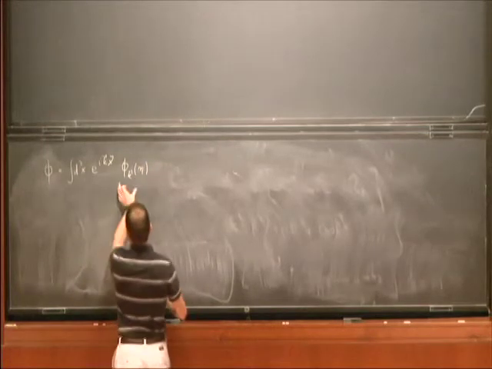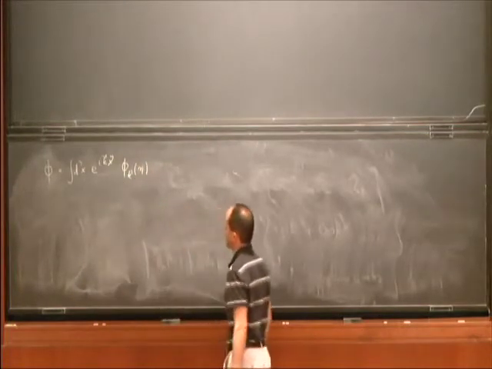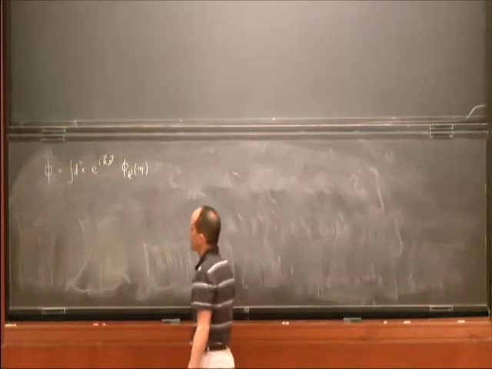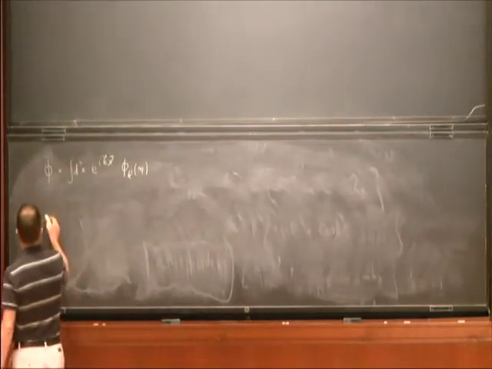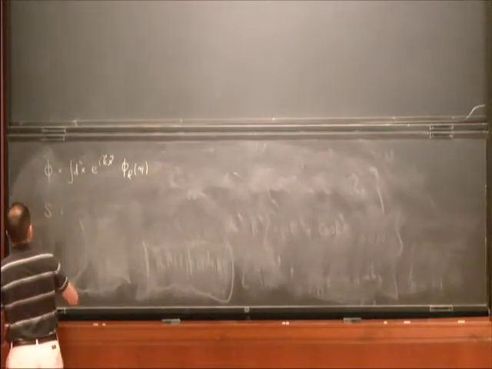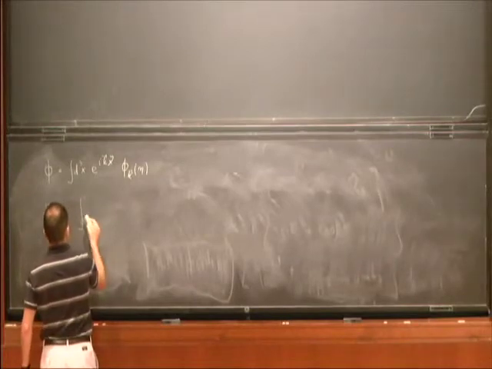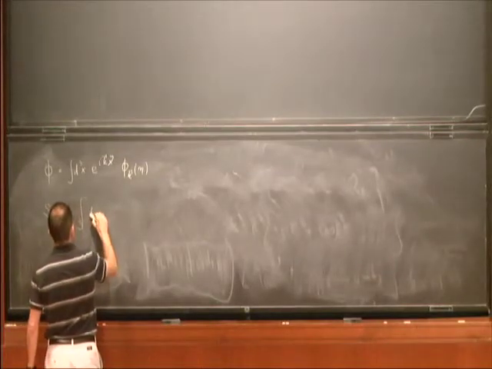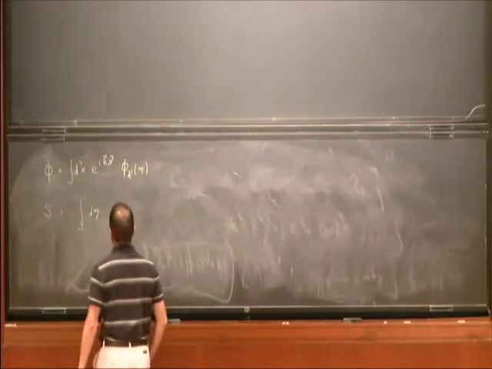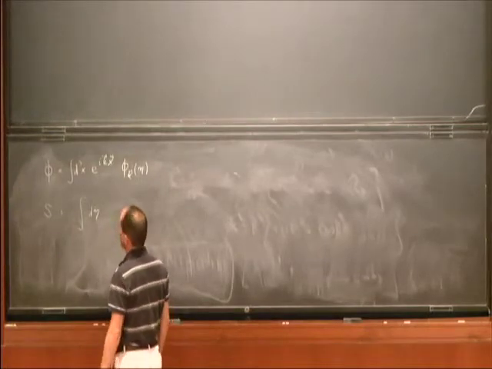And now each of the modes depends only on eta. Okay? And now we put it back into the action, and we see that we have an action for each Fourier mode, which depends only on time.